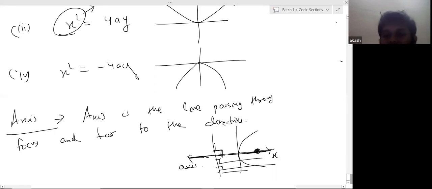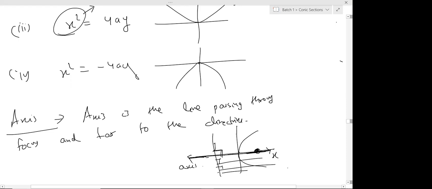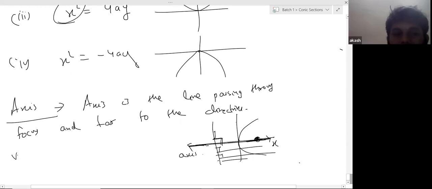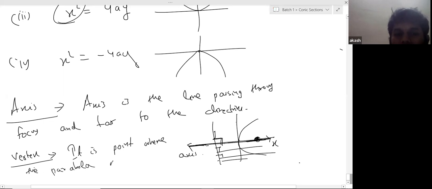All right, everyone. Vertex of a parabola. It is the point where the parabola meets the axis.